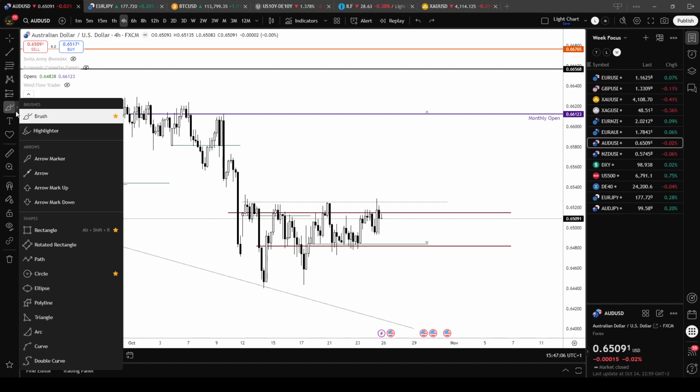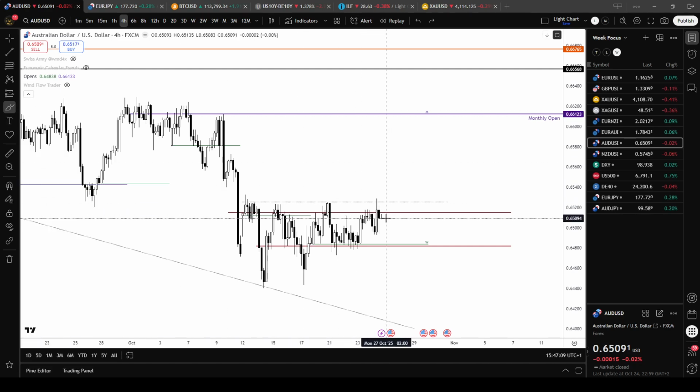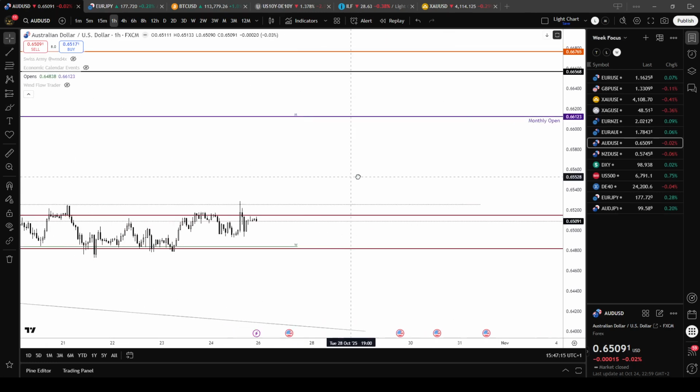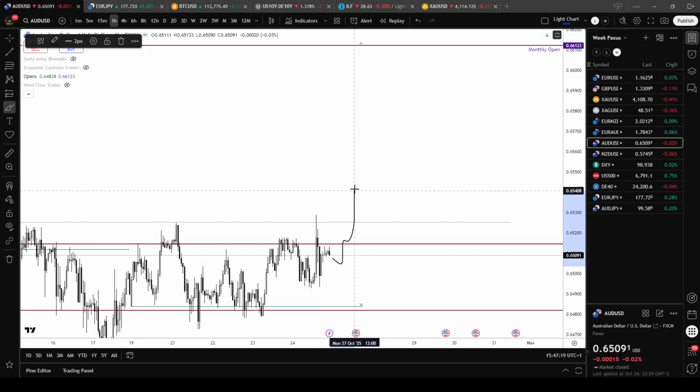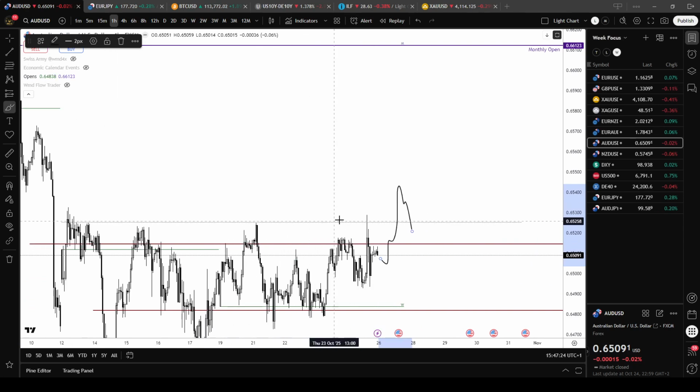So I'm just waiting to see strength in this market, and once it breaks out significantly above these highs and gives any pullback, go long. Okay.